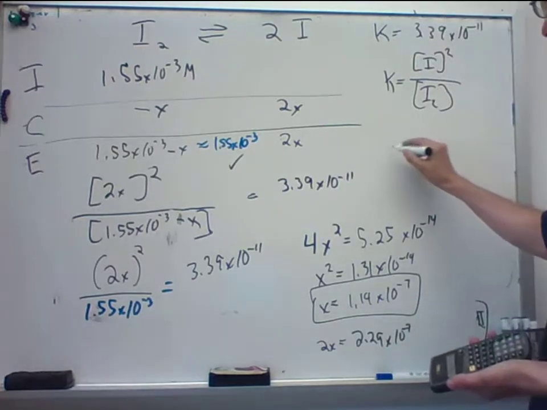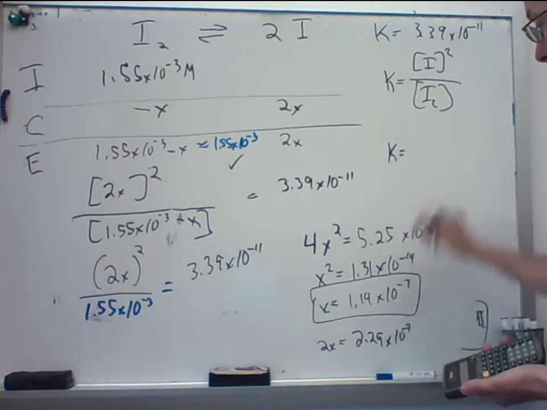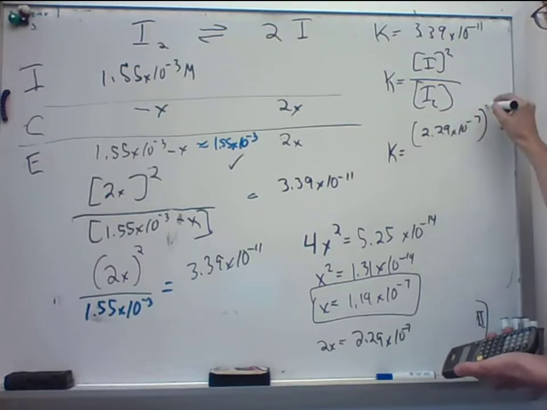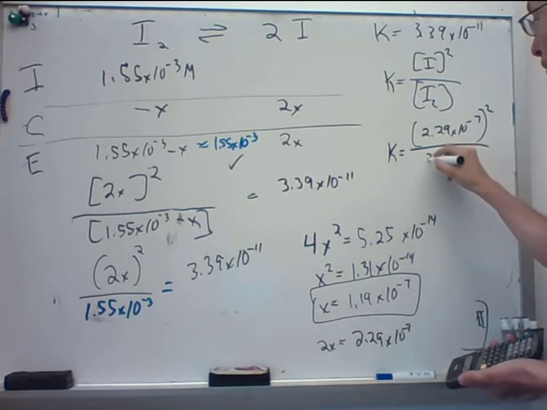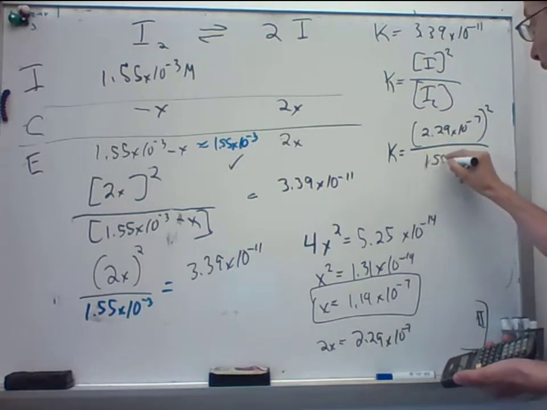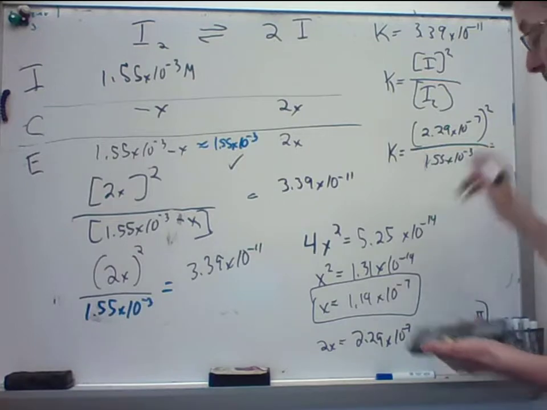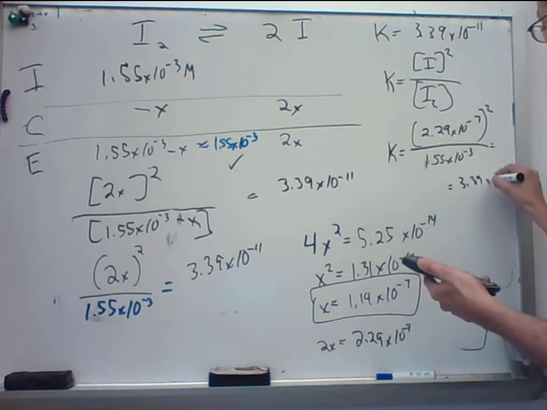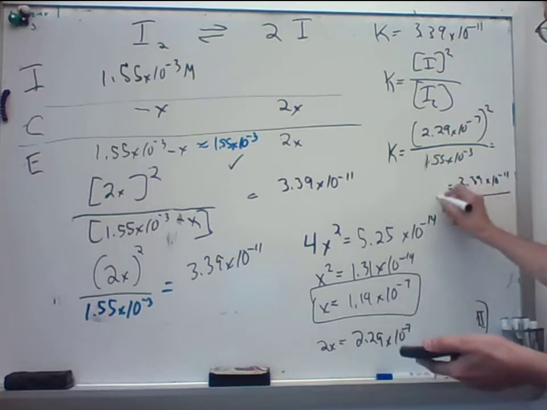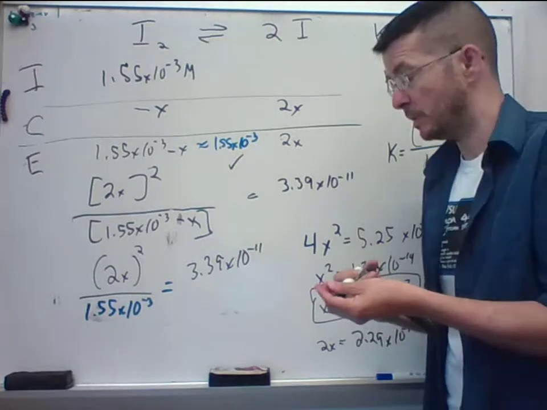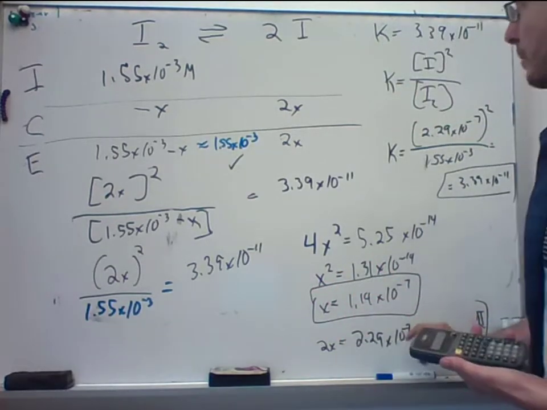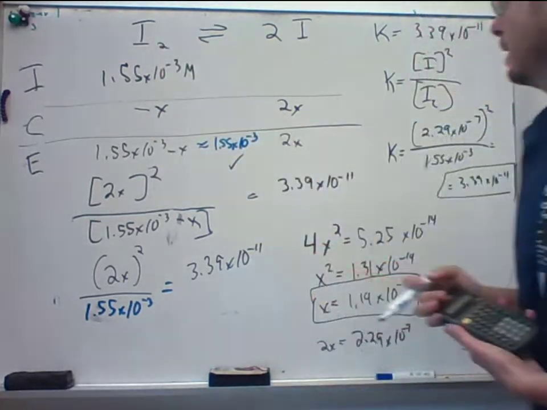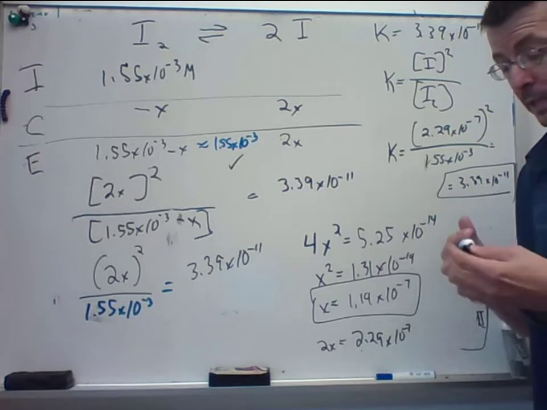And then our check, K will equal 2.29 times 10 to the minus 7th squared divided by 1.55 times 10 to the minus third, which will equal 3.39 times 10 to the negative 11. Well, pretty much exactly what we expected. So the concentration we care about for the iodine is this. The concentration of our I2 is given, and so we are all set in this case.